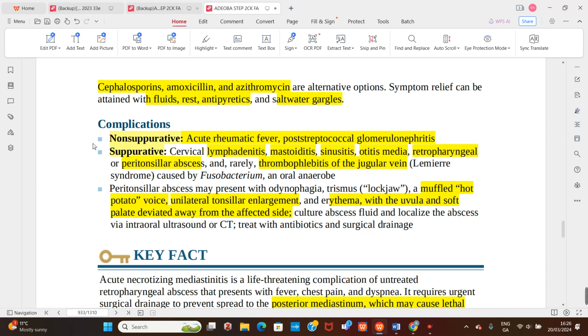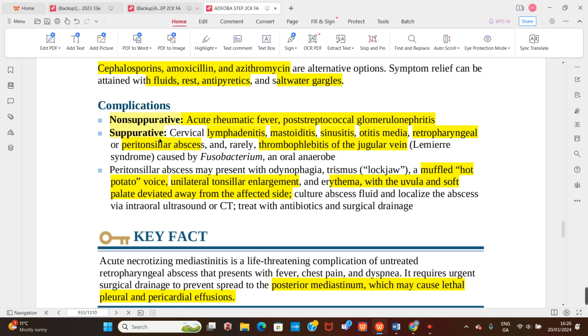So type 2 hypersensitivity leading to acute rheumatic fever, or type 3 hypersensitivity leading to post-streptococcal glomerulonephritis. So we know what acute rheumatic fever presents with. We know post-streptococcal glomerulonephritis.